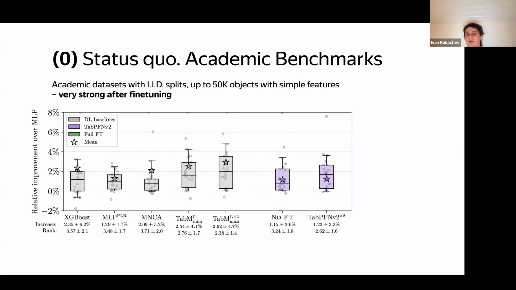And when we looked at a single model, it's denoted no fine tuning here, no FT. More on that later. It's actually below the XGBoost model in terms of average improvement, but it's around the same in terms of statistically significant rankings.